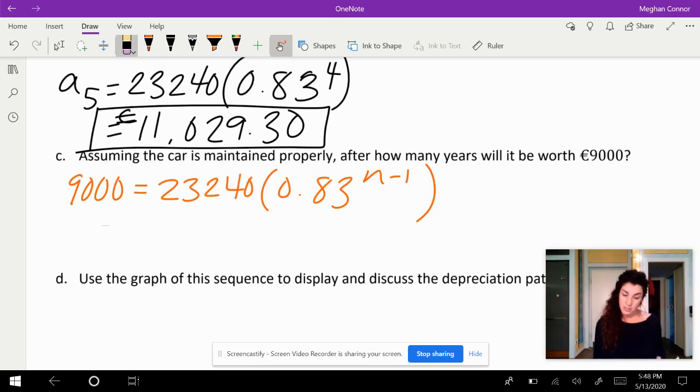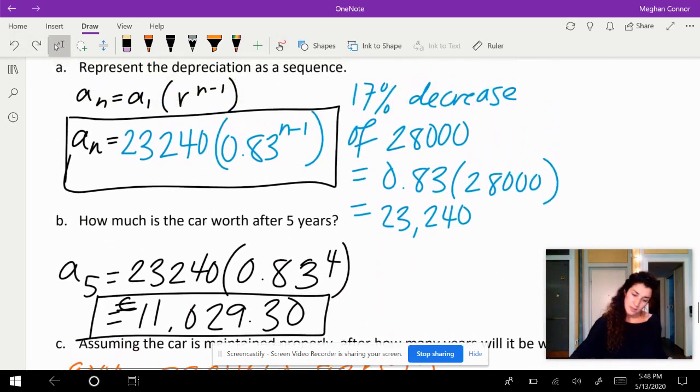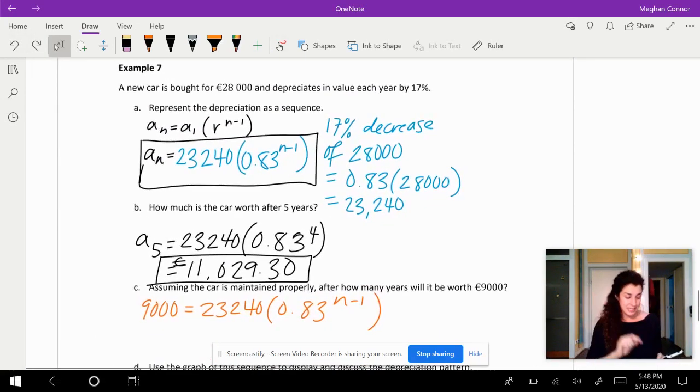My number of years is unknown. It's a percentage decrease, so I'm going to do negative 17 in my percentage instead of 83%, although you could do either one. My present value, I'm going to do my initial of 28,000. My final value, I want to be 9,000. No compoundings.